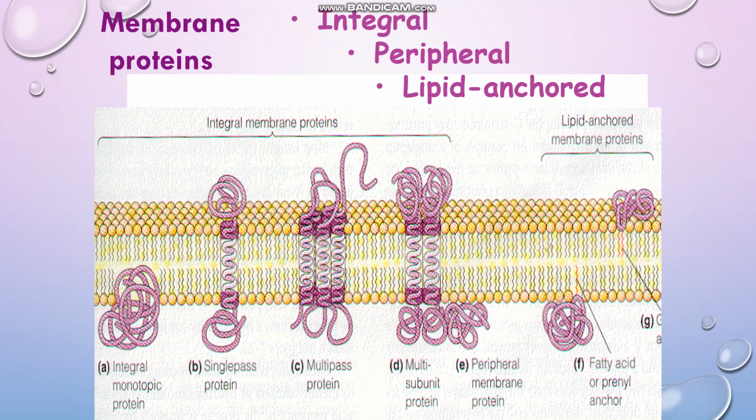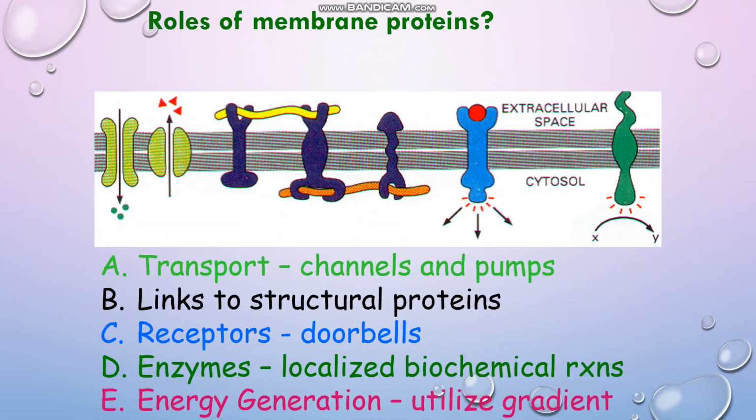These can be integral monotopic proteins, single-pass proteins, multi-pass proteins, multi-subunit proteins, peripheral membrane proteins, and fatty acid or prenyl anchors.